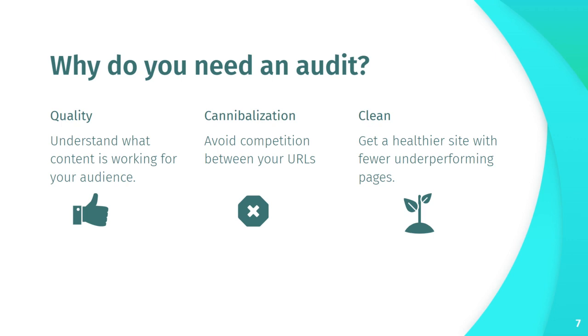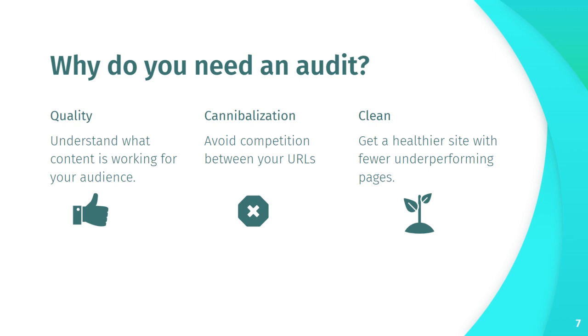The second one is to avoid issues, and the main one will be cannibalization. It is quite common in the blog to have several articles that are talking about the same topic and kind of competing between each other to rank on Google. By doing a content audit, you will be able to identify them and decide what you can do with them.